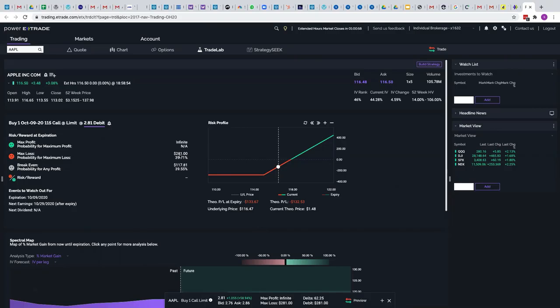That is the amount that I paid for the call. Now let's look at the break even. The break even is 117.81. How is that? Because you are looking at a 115 strike price, and you are paying $2.81 for that call. So 115 plus $2.81 is 117.81.